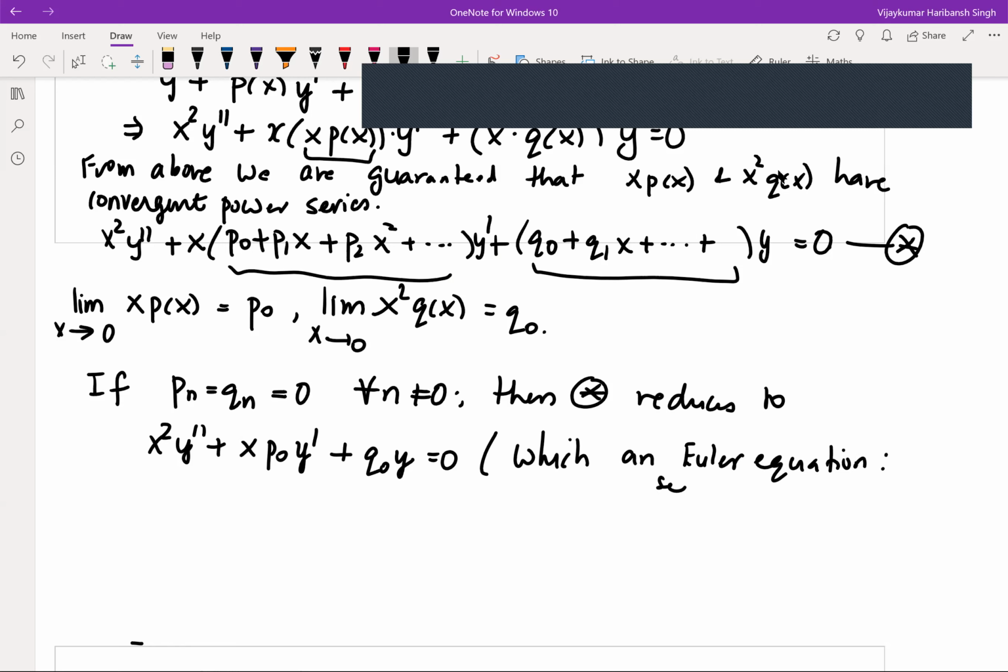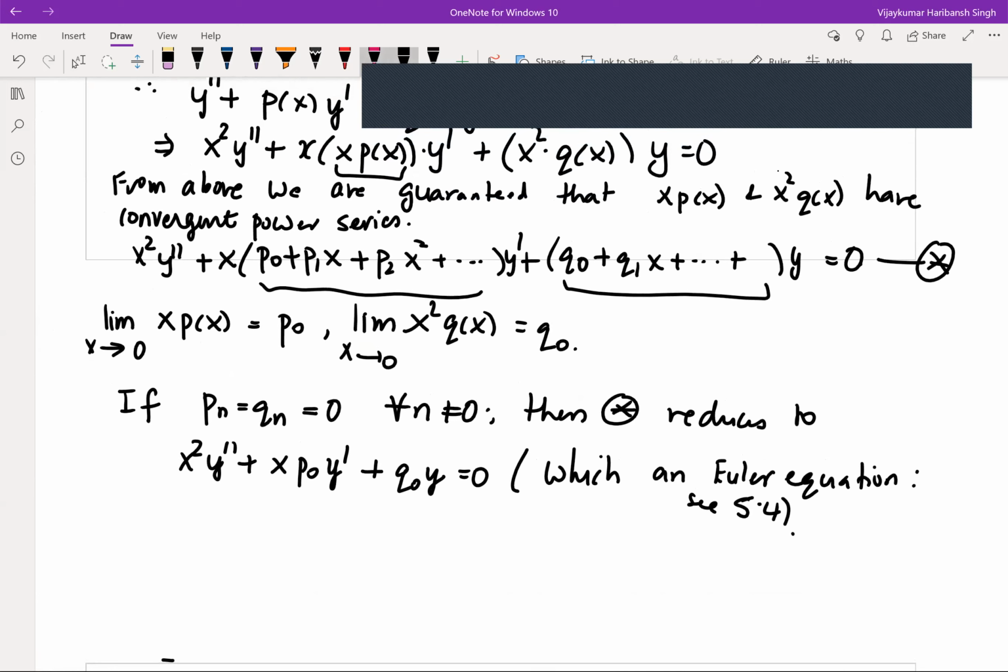Now, however, let's move on to discuss the format of the solution. We are interested in this differential equation, and we want to solve it.